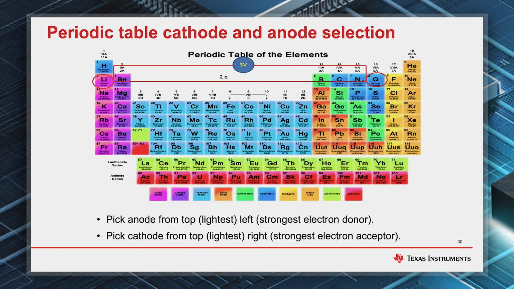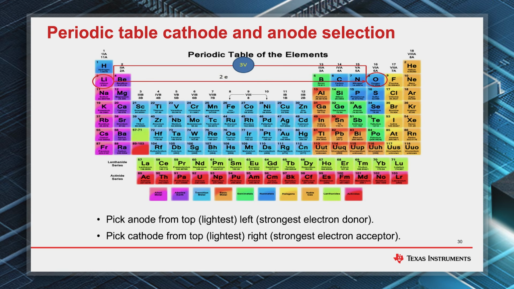On one side, we have to go up because up are the light materials. The very top would be hydrogen, but hydrogen is a little bit difficult to deal with because it's gas. So we settled on lithium. Lithium is already giving you the highest energy density as a metal because it is light and it is on the left side, which means it has the highest ability to give away electrons.